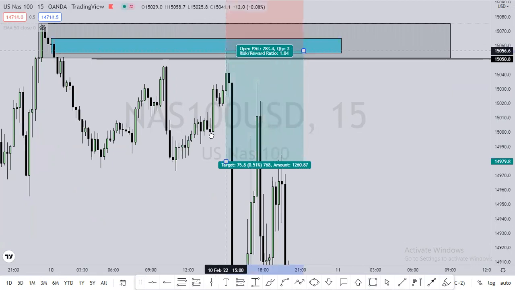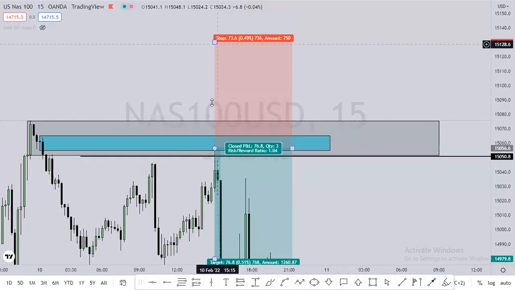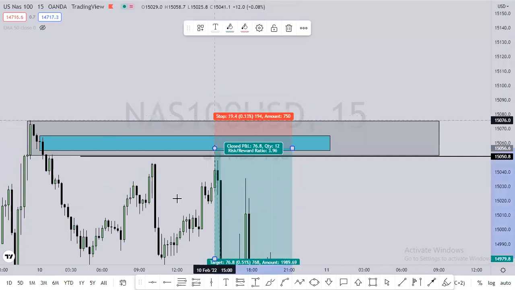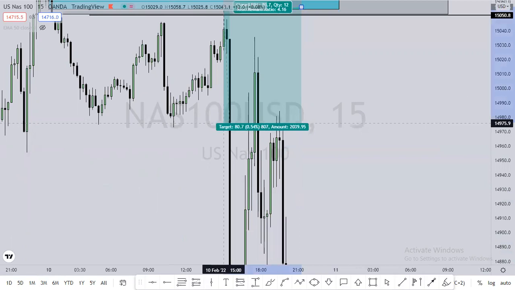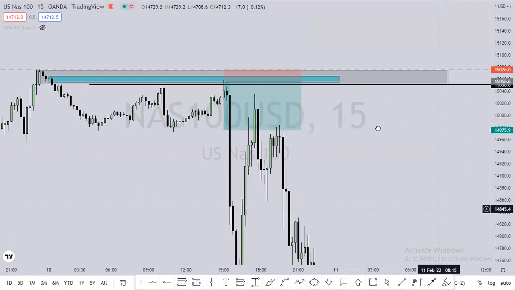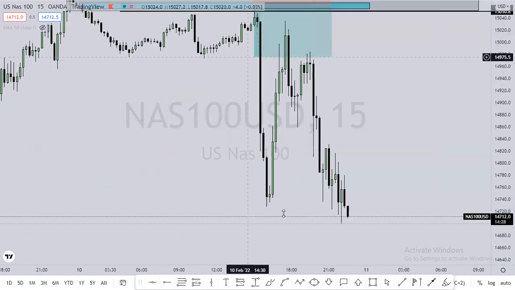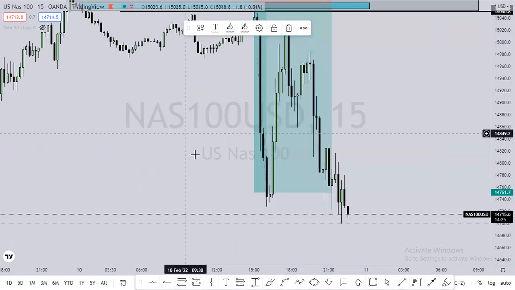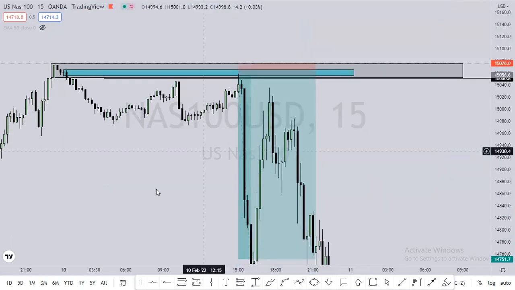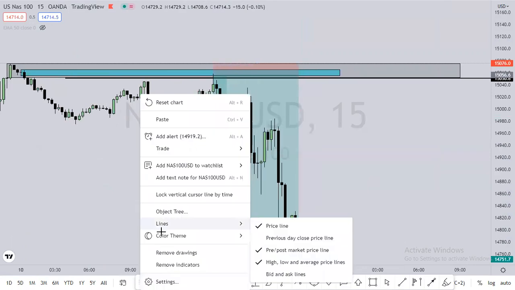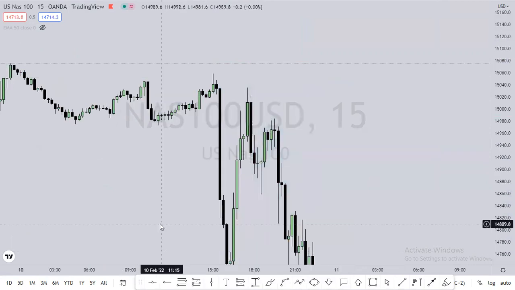Entry. Tight stop, less than 20 pips. Target of around 80 pips, and it did fall to about 300 pips. Yeah, that's Nasdaq for you guys. It happens. When it doesn't, it doesn't.